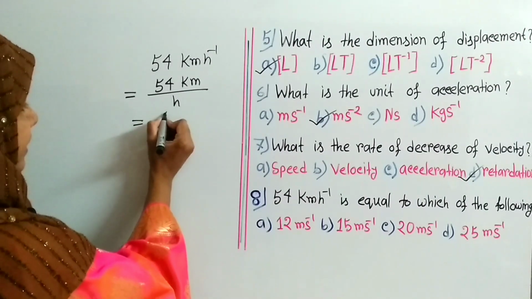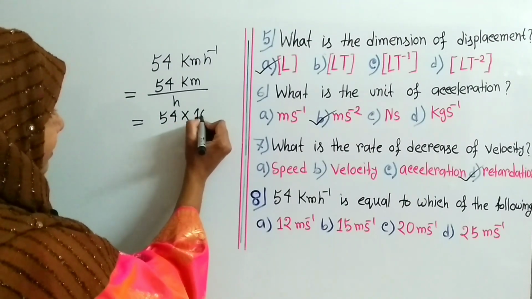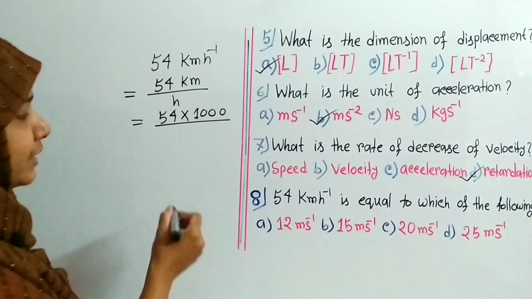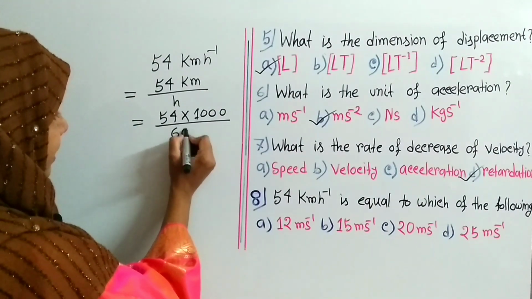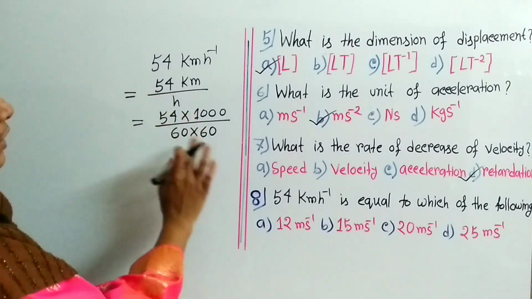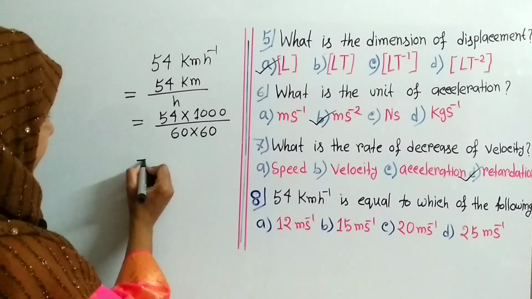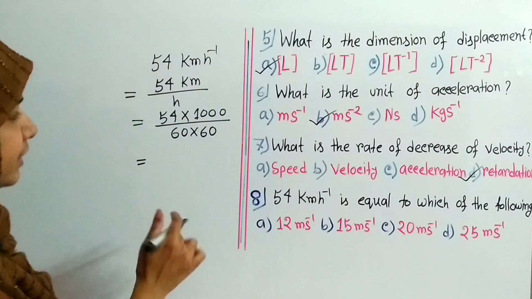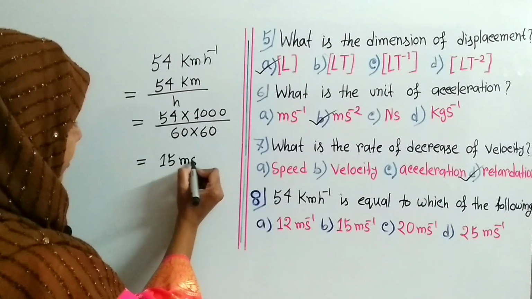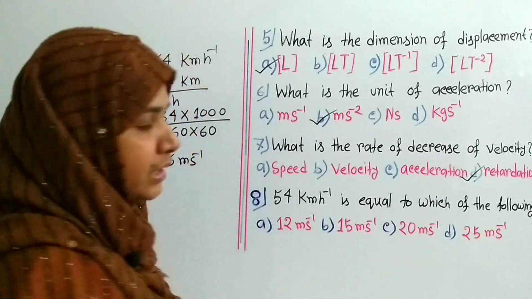So we can write that 54 into 1000, and hour means 60 minutes into 60 seconds. So hour will convert into 60 into 60. So after calculating it, you will get the result is 15 meter per second. So our right answer is option B.